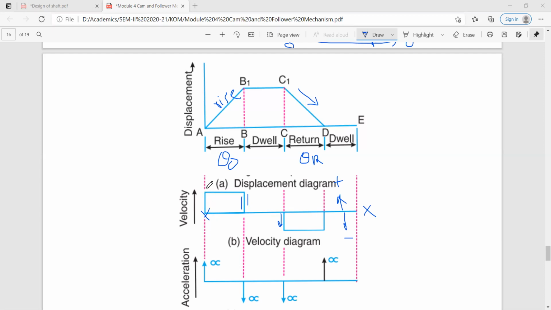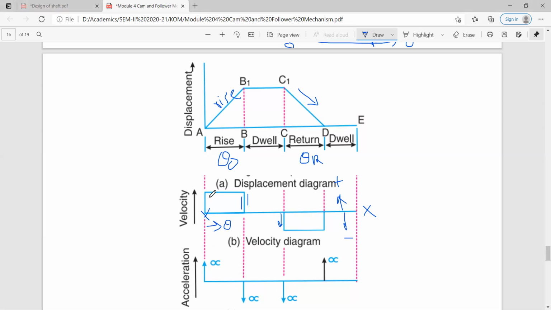So you can see here this line that there is no rotation, just start, and the velocity goes to this value in no time. So there is change in velocity, but time is 0. So acceleration will be infinity.